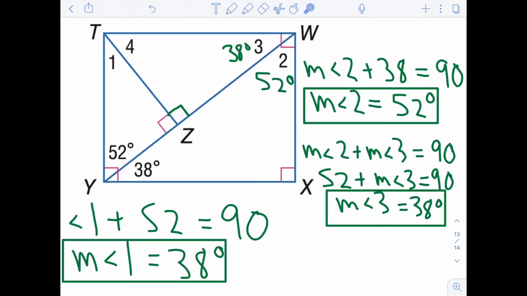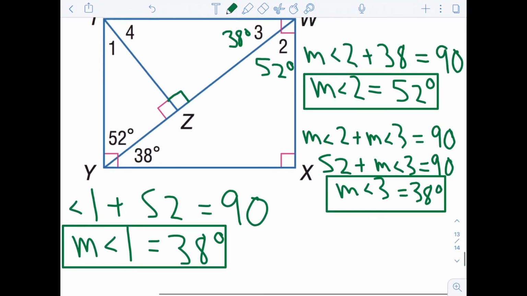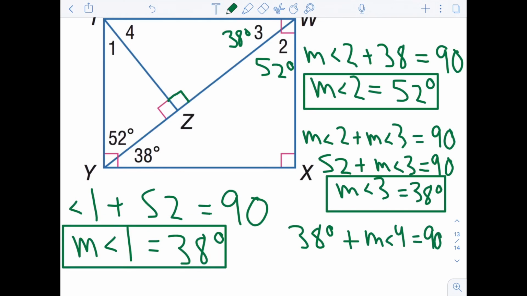And we know that these are the two acute angles right here, so they're going to be complementary. So 38 degrees, which is the measure of angle 3, plus the measure of angle 4 is going to equal 90. So when you subtract 38 from both sides, you'll get that the measure of angle 4 is 52 degrees. And there you go.